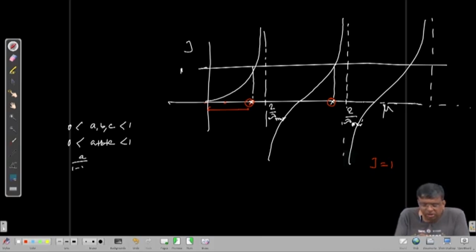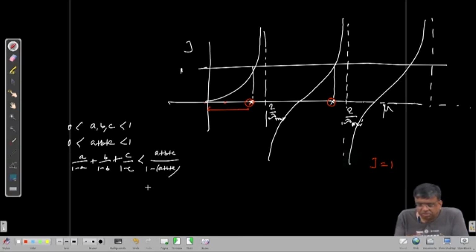Then A by 1 minus A plus B by 1 minus B plus C by 1 minus C is also less than A plus B plus C by 1 minus A plus B plus C. If you can generalize, suppose A0, A1, dot dot dot, A N minus 1 are some constants between 0 and 1, so that A0 plus A1 plus dot dot dot A N minus 1 is between these.